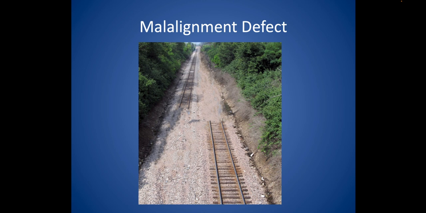Well, I want to take it a little bit further and really describe what Tetralogy of Fallot is from an embryologic standpoint. What it really boils down to is really a monology of Fallot. It's actually all related to a single defect, and that defect is really a malalignment defect.